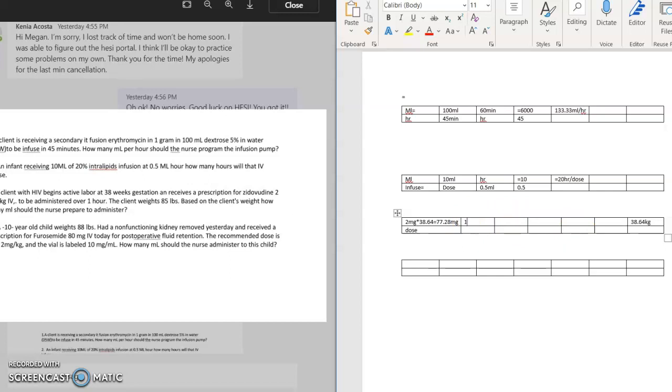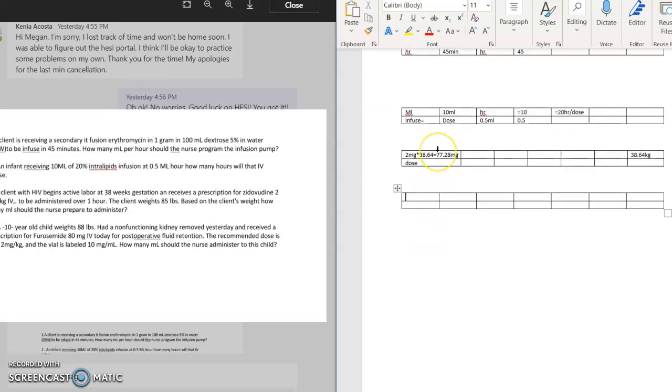So we would put our 10 milliliters up here and our 10 milligrams, and then you would cancel out milligrams, and we're left with milliliters, which is what it's apparently asking for here, but we don't have that information. So I think this question is missing a component. But if it was asking how many milligrams, then this is your answer here, 77.28, because it's 2 milligrams per kilogram. Let me know if it's not, because then I really have to look at this one. But I think it's missing something.